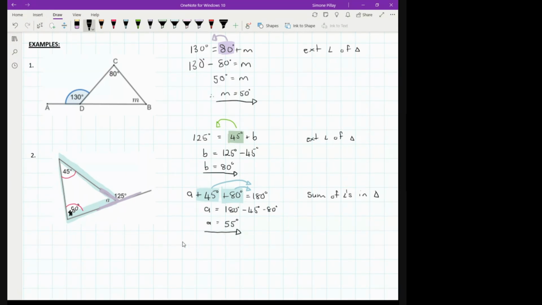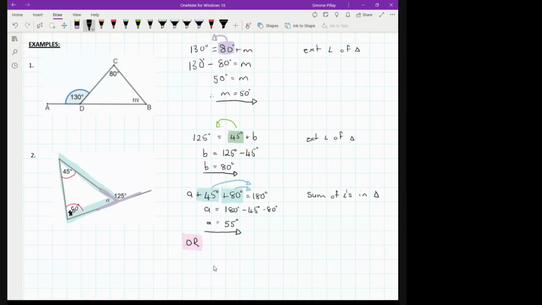The other way we could have calculated a is, and this is a very big or, you don't have to do both methods. Whichever method you saw first, whichever method you thought was easier, that was the method you were going to use.